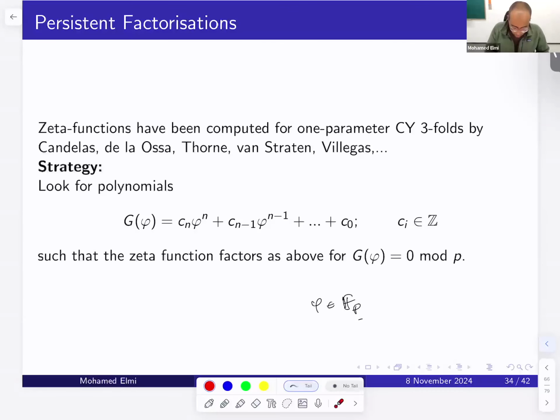And what you look for is some polynomial. You make some ansatz, and you say, whenever I fix a polynomial, I solve it mod p, I find the solutions phi, and at these solutions, for this particular phi, I should be able to check the zeta function and confirm that it factorizes. And if I found such a thing, I believe I found an attractive point of rank 2, or supersymmetric flux vacuum. And when H21 is 1, they're the same thing.